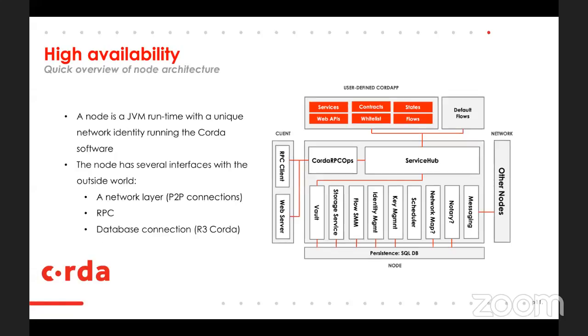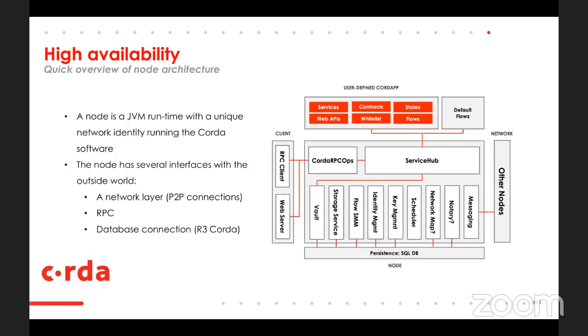Next, let's have a quick overview of the node architecture. A Corda node is basically a JVM runtime that runs in a Corda network and has a unique identity inside the network. From the diagram, you can see that it has several interfaces with the outside world.